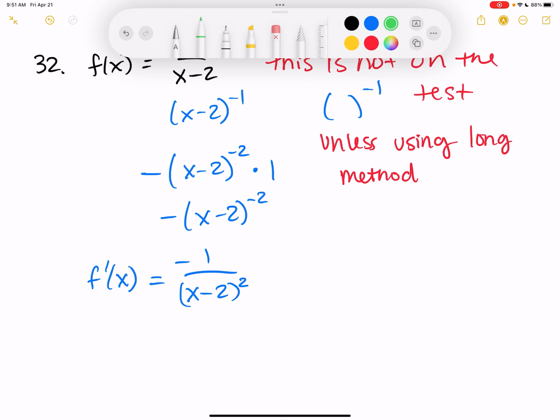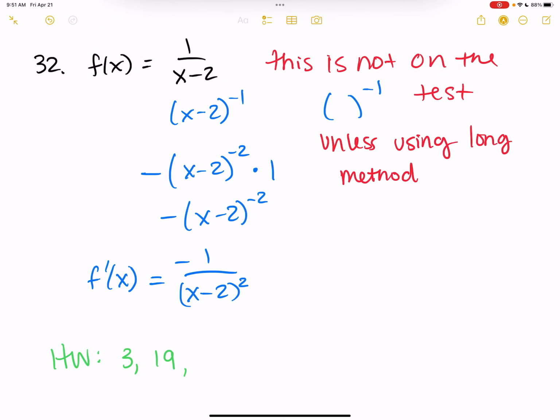All right, so the problems for you are going to be 3, 19, 25, and 28. 28 is the one I want you to do the long method on.